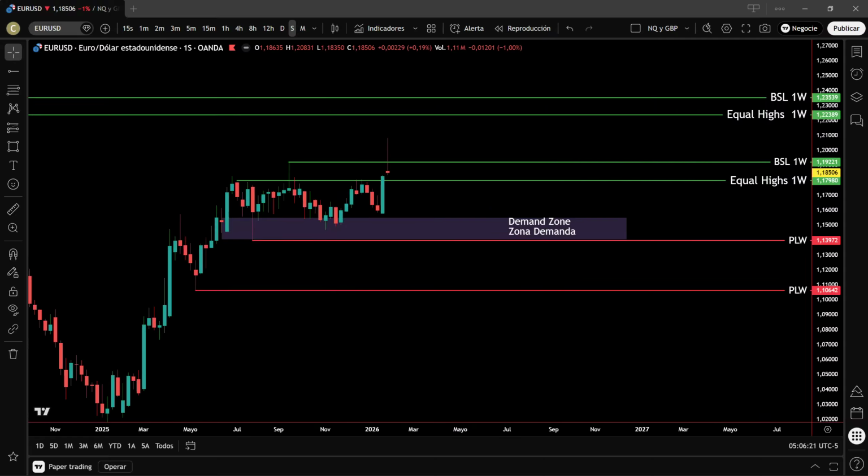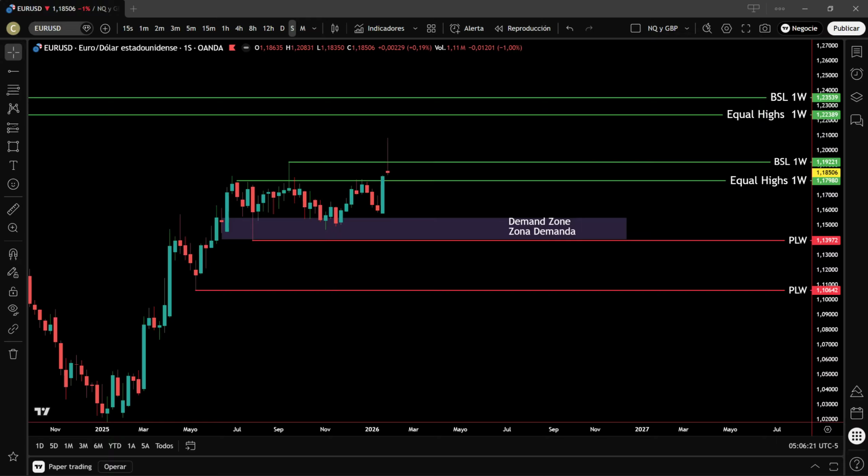As we delve deeper into the current price action, we observe the pair consolidating just above a high-probability institutional demand zone. This demand zone, highlighted on the chart, serves as our primary structural support area. Note the significance of the PLW levels, or previous weekly lows, situated at 1.139 and 1.106.